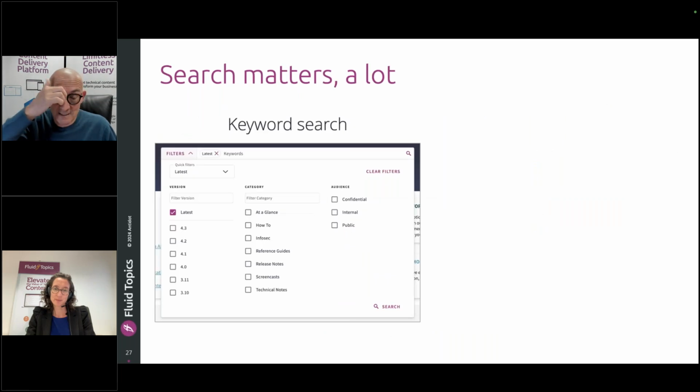Talking about access, and back to what I said initially here, search matters a lot. It's probably the most underestimated and complex feature to evaluate in a CDP. And we see that because usually in the RFPs, we receive Excel spreadsheets and it just says, do you have keyword search?